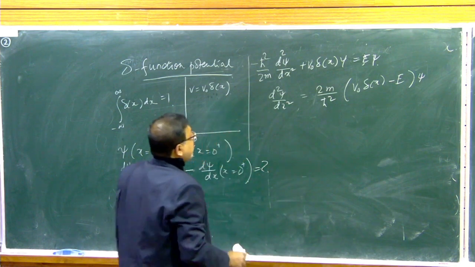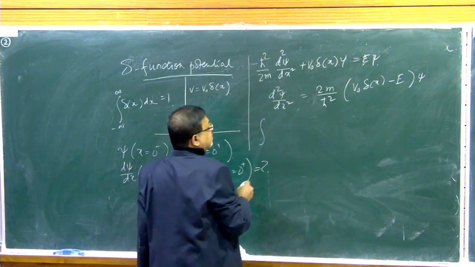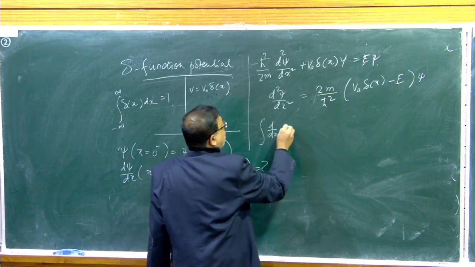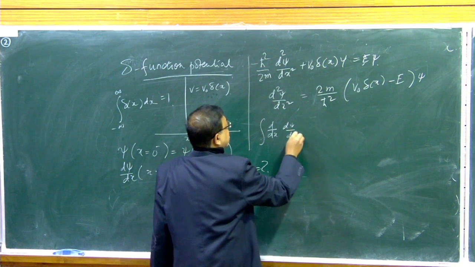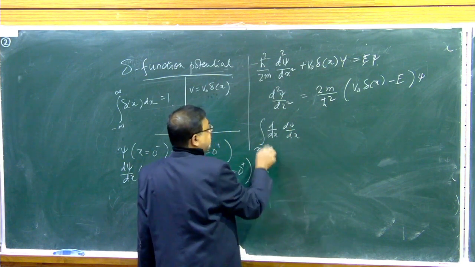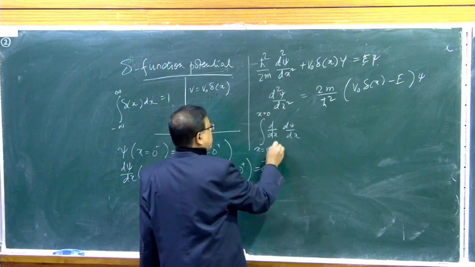Okay, now I integrate both sides of this equation, and write this as d dx of d psi dx, from x equal to minus epsilon to x equal to plus epsilon, so it's 0 minus to 0 plus.